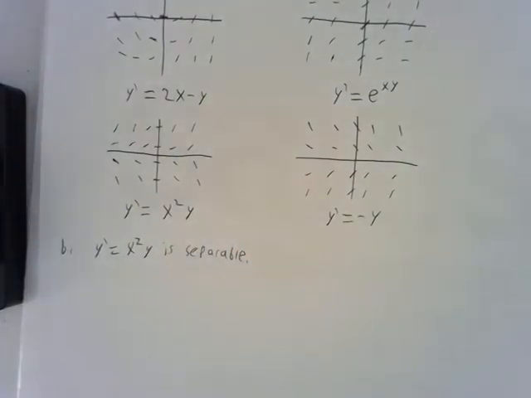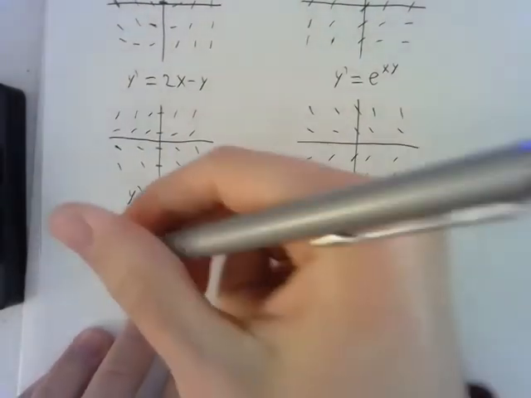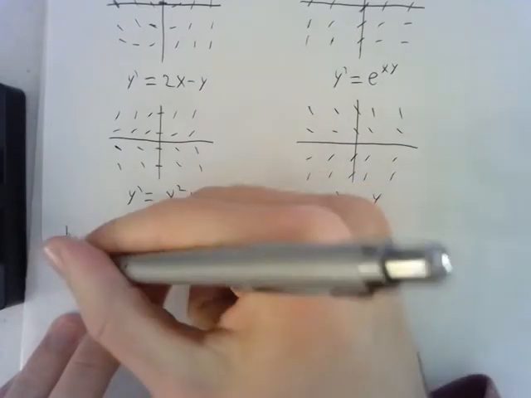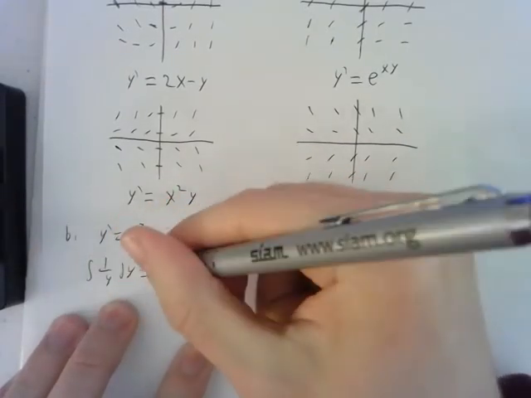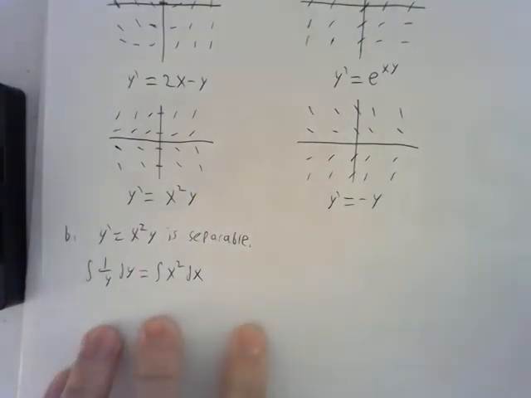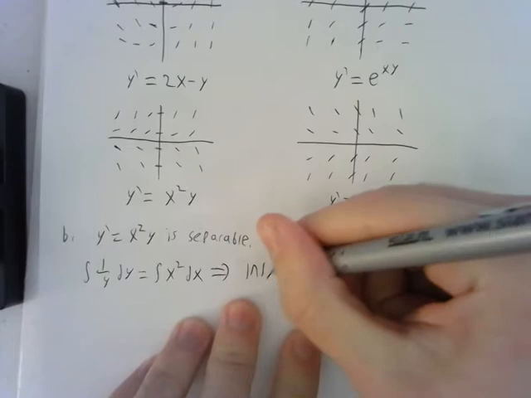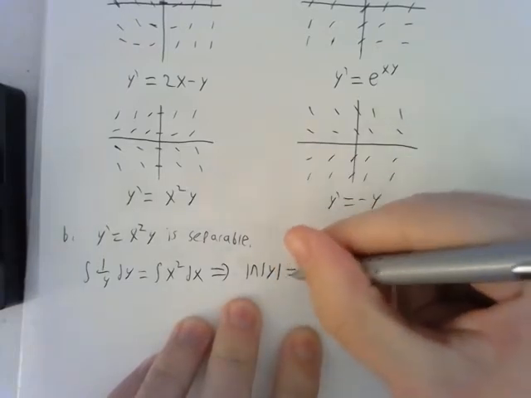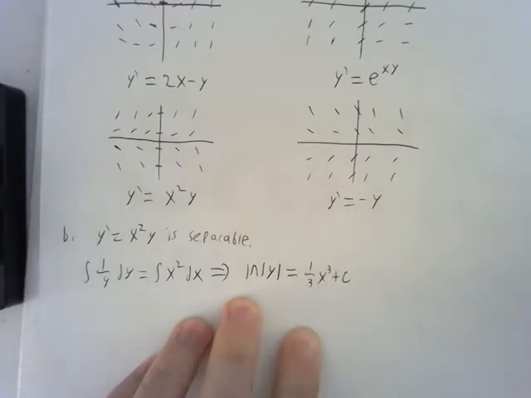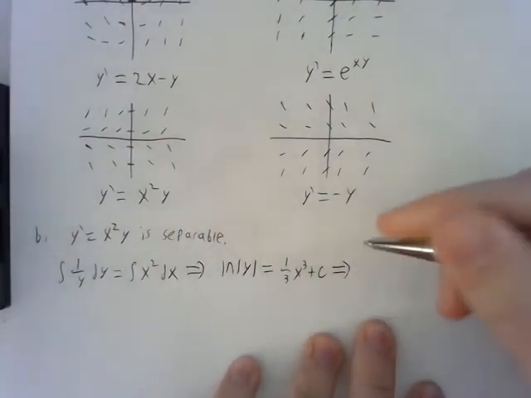So let's solve it using separation of variables. We divide through by y. We'll get the antiderivative of 1 over y dy equal to the antiderivative of x squared dx. If we calculate these antiderivatives, we'll get natural log absolute value of y is equal to 1/3 x cubed plus c. Let's exponentiate both sides.